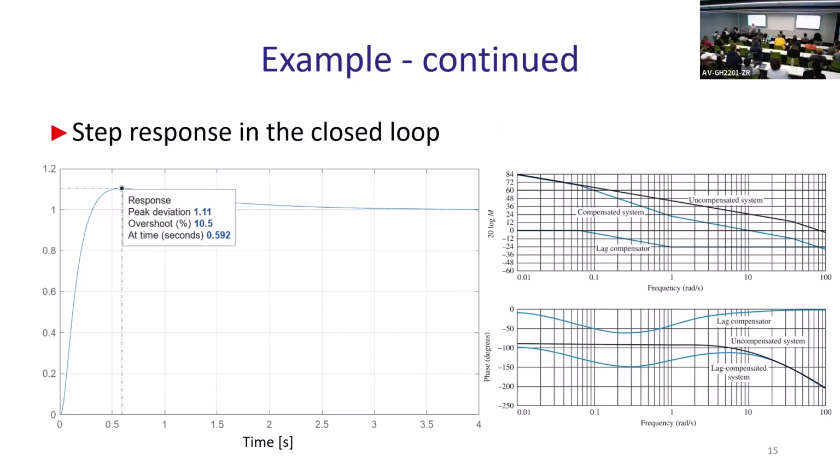And if it satisfies your requirements, good. For example, this is not satisfying your requirements. The design, which is from the textbook directly, is not satisfying the overshoot. It's 10.5% instead of 9.5%. It's close, but not satisfying the requirement of 9.5, which means this is a no-go design. You need to modify it a little bit.